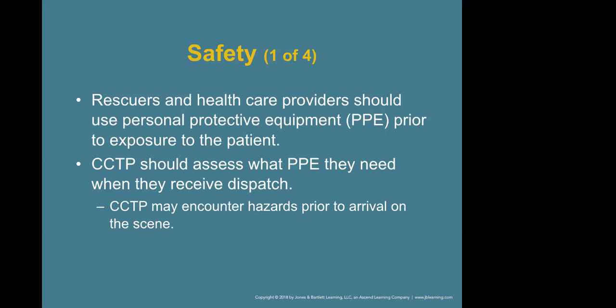Okay. So your flight communications team and your dispatchers are actually going to be critical in determining your knowledge prior to arrival to your patient. That's going to allow you in the air ambulance or in your ground ambulance to actually retrieve additional things like proper gloves. If nitrile gloves aren't advised, you need to make sure that you're going to have that PPE available.